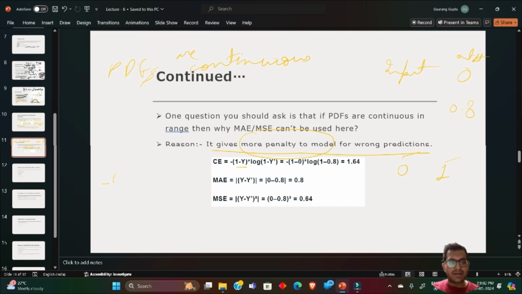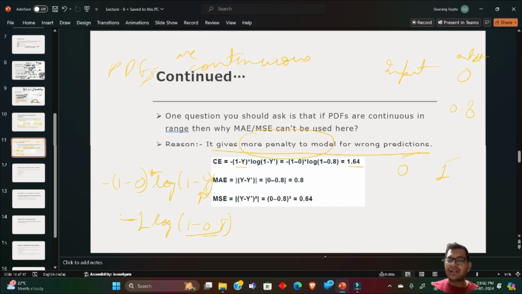We will use the formula 1 minus 0. 0 is the actual, that is, the actual probability, or you can say actual output. Then logarithm of 1 minus yi. yi is the predicted, or let's suppose y dash i. So it will be log of 1 minus 0.8 into 1. Now it will become log of 0.2, and a minus sign is also there.